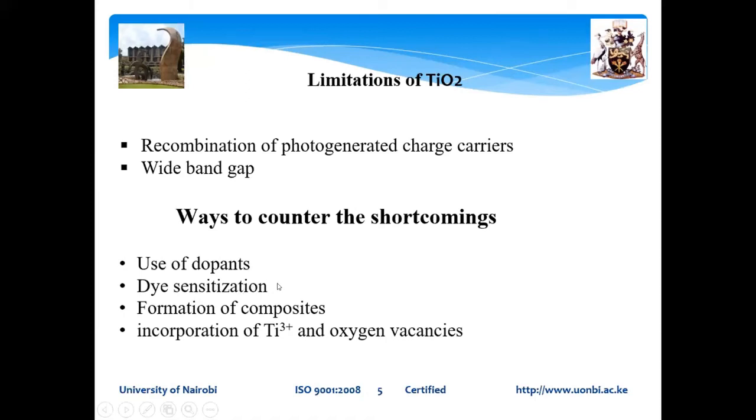So in our work, we have tried to make defective TiO2 by making a TiO2 germanium composite, and also introducing titanium ion and oxygen vacancies by annealing the films in an oxygen deficient environment.